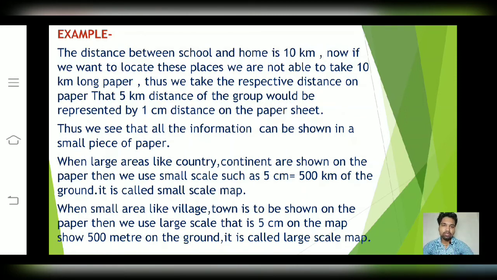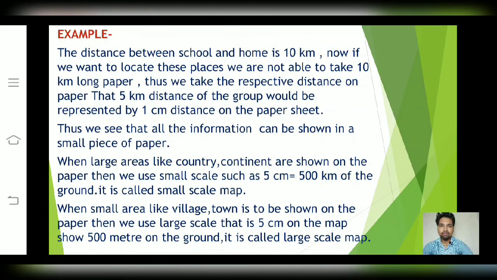To avoid these kinds of inconvenience, we use maps. So friends, we take some scales through which this distance can be shown on the paper in a small manner.